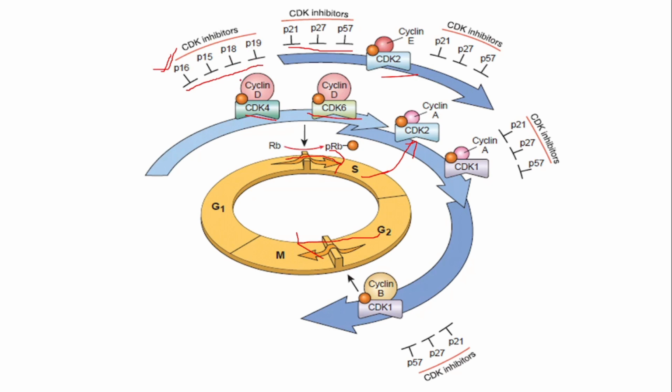This will inhibit only cyclin D associated with cyclin dependent kinase 4 and 6, whereas the 3 protein family having 21, 27, and 57 will inhibit all other cyclins.